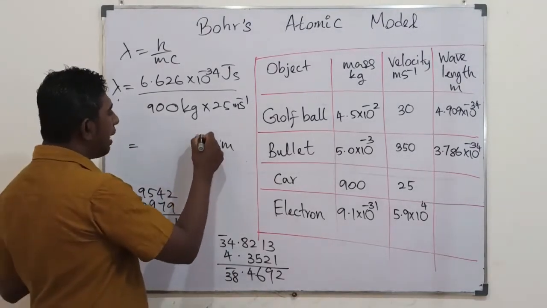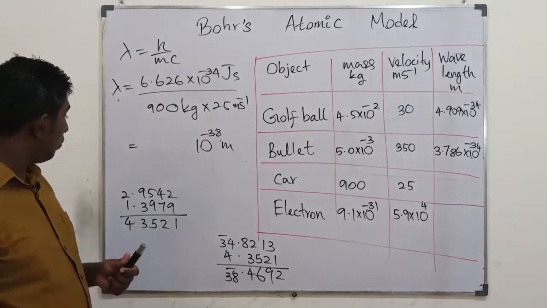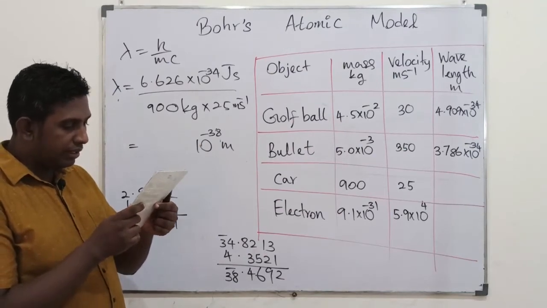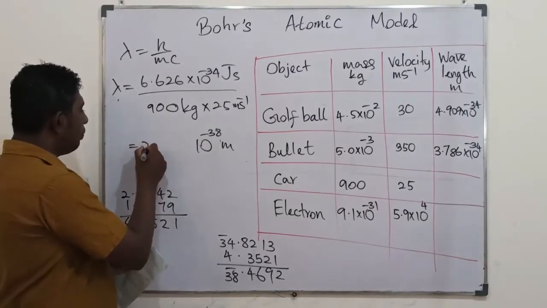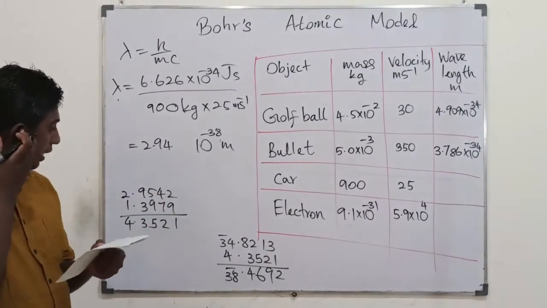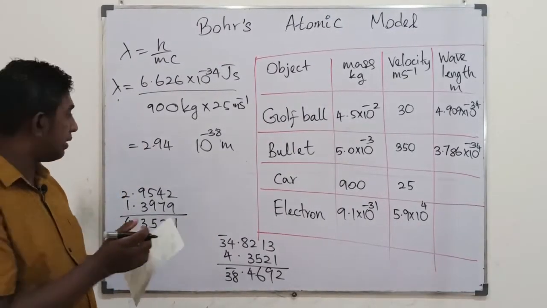So 10 to the power minus 38, 4692. Students, 4692, and the log of that, 4683 I have is 2.94. But what we need is 4692. Another 9 I need, it's there at 6.